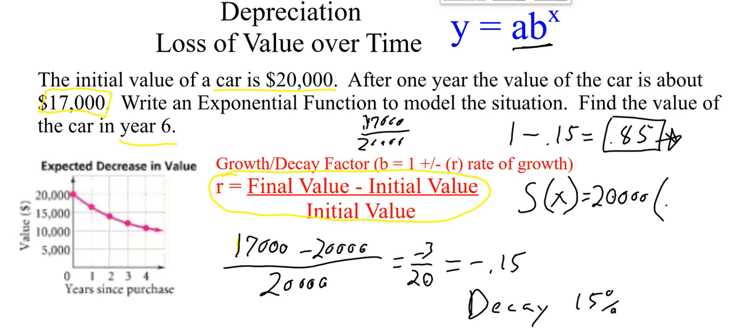Our growth rate was 0.85, or decay, and we want to find it after 6 years. So S of 6, using my calculator, I can see that after 6 years, this car is now only valued at $7,542.99. So you can see cars go down in value quite a bit over time.